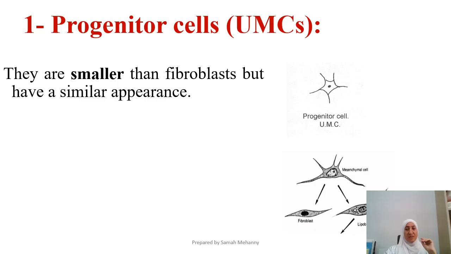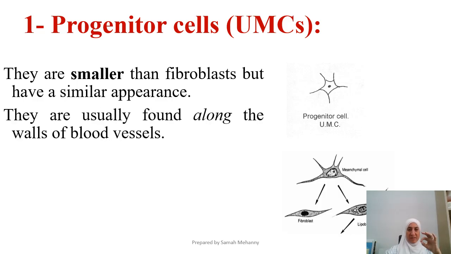The progenitor cells or undifferentiated mesenchymal cells are smaller than fibroblasts but similar in appearance. They are star-shaped or spindle-shaped. If we look at the cells laterally, they appear spindle-shaped, but if we look at the cells in a top view, they appear star-shaped.